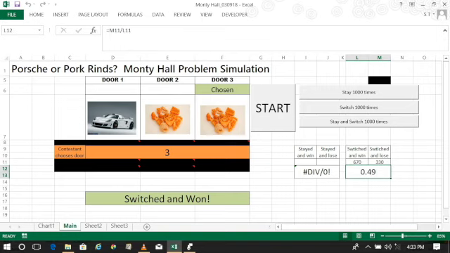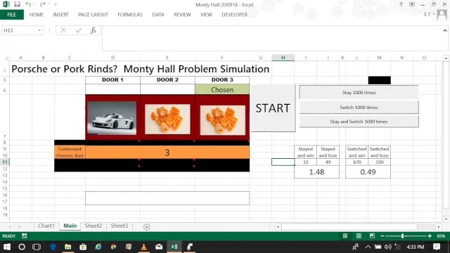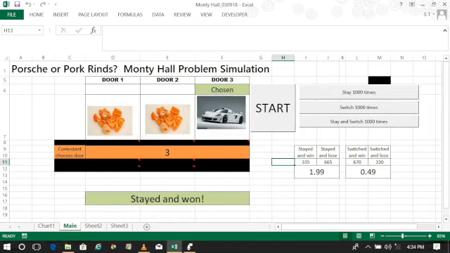Now what happens if we were to do the same thing, but this time we stay with the same chosen door 1,000 times? Alright, so there we have it.